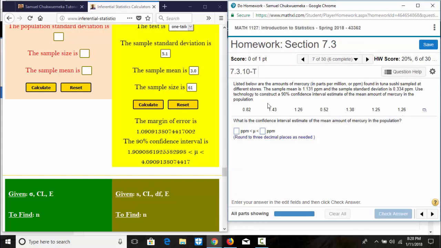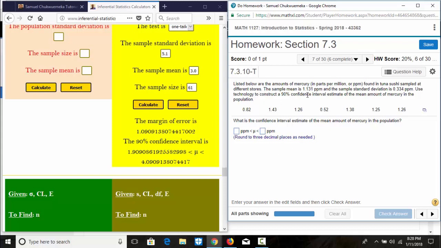Question 7, we can do this with Statcrunch. Listed below are the amounts of mercury in parts per million, or ppm, found in tuna sushi sampled at different stores.